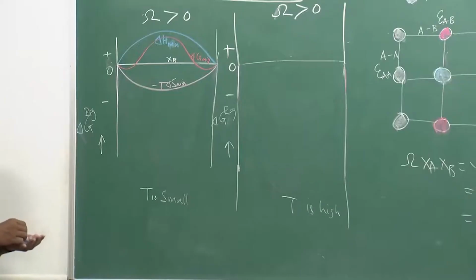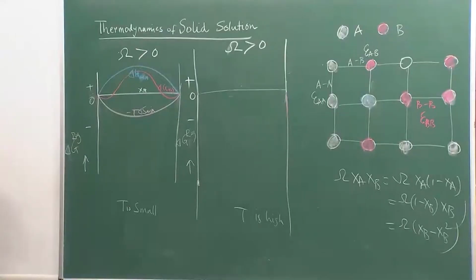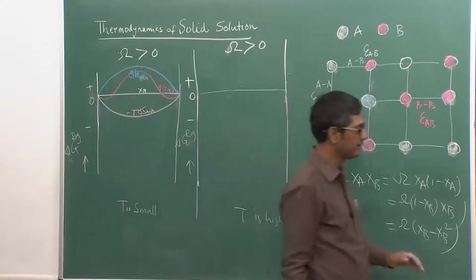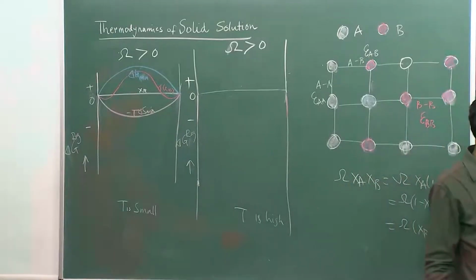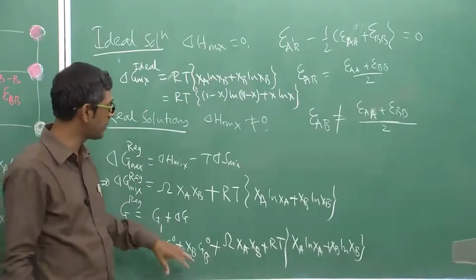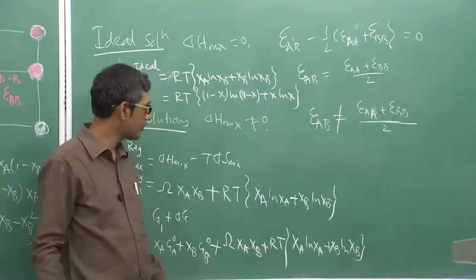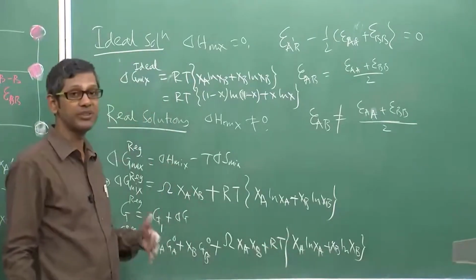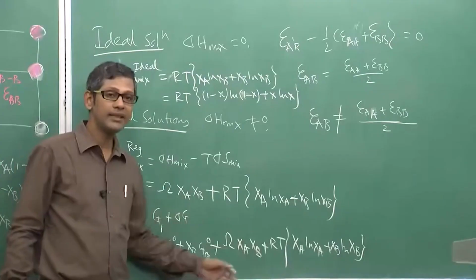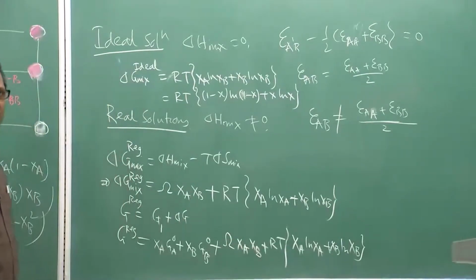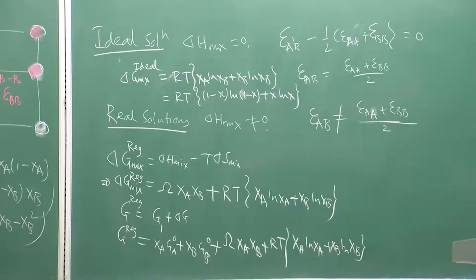Okay, now let me move a little further and explain what will happen when omega is more than 0 but temperature is high. What you can see here, when temperature is high, as I said in the last lecture also, the important contribution because of high temperature is coming from the entropic term, because T is directly visible here. So, the entropic contribution will increase substantially, but the enthalpic contribution, which is coming from omega XA XB, will not change much, because we know that bond energies do change as a function of temperature, but normally they do not change drastically.